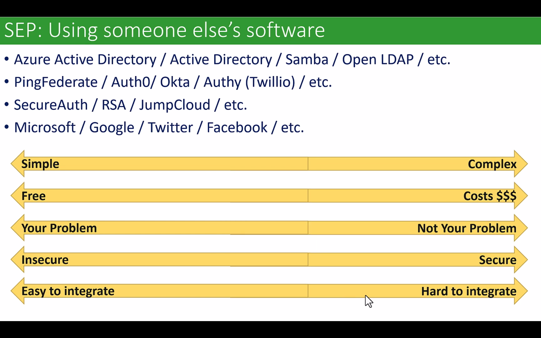And here we'll put free in quotes by saying that if you've already invested in something like Azure Active Directory or Ping Federate or one of the other things, then that's already a loaded cost on your organization. The addition of another app to that complex is probably incrementally cheaper than doing something else from the ground up. And of course, we've talked about your problem versus not your problem. The more stuff you can make not your problem, the better.